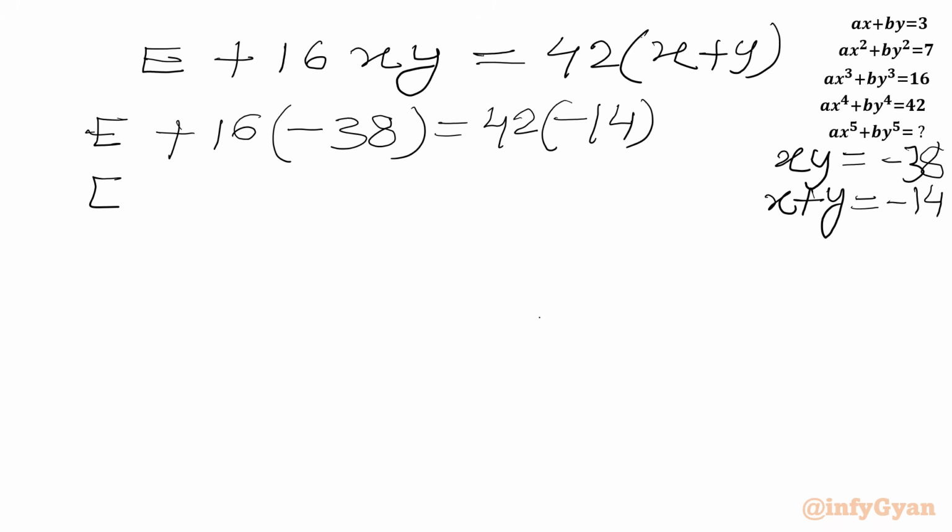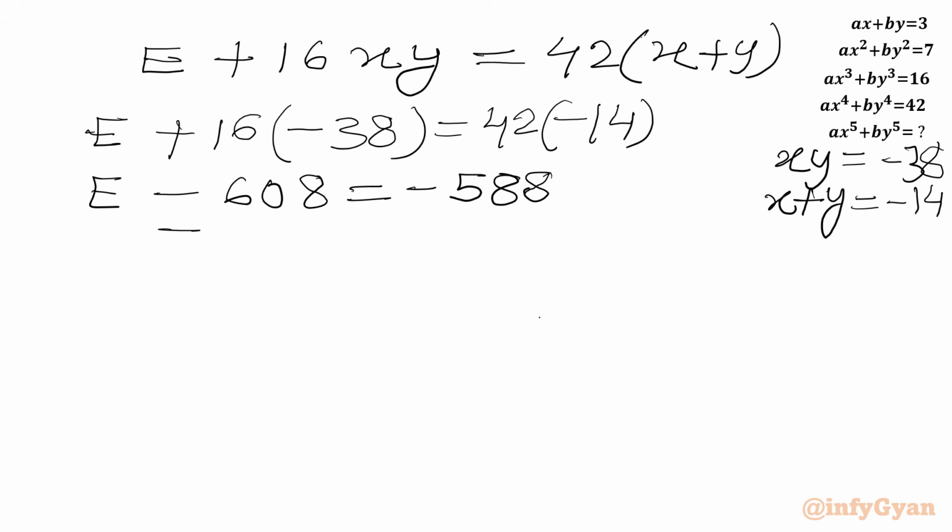We will write E, 16 times 38, 608, with negative sign, so minus 608. And in the RHS, 42 times 14 will be 588 with negative sign. We will get minus 588 over here.